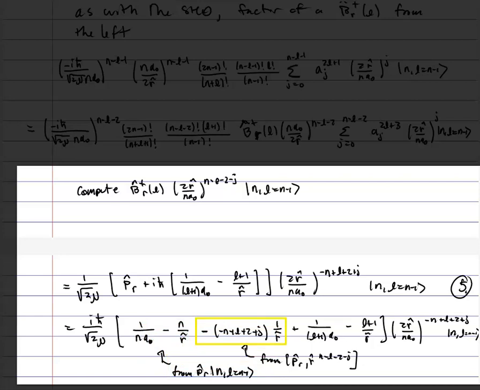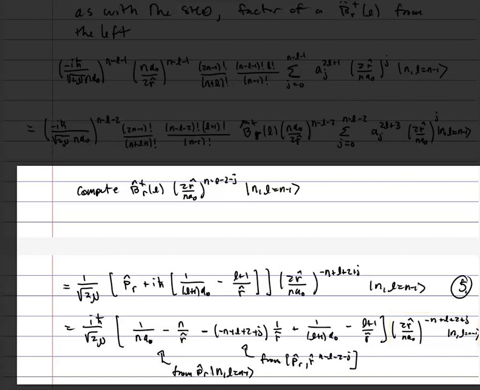The term minus (n plus L plus 2 plus j) times 1 over r̂, that comes from the commutator of p̂ with r̂ raised to that power. And then the next two terms, the plus 1 over (L plus 1)a0 minus (L plus 1) over r̂, those are the terms that are coming from the superpotential of the lowering operator. And then we have that factor, 1/2 (r̂/na0) to the minus n plus L plus 2 plus j, all acting on the state n comma L equals n minus 1.